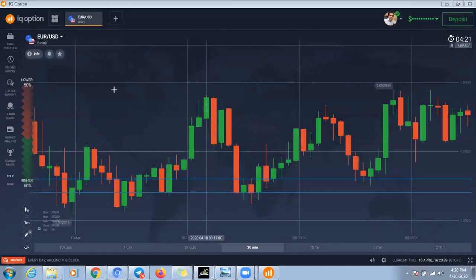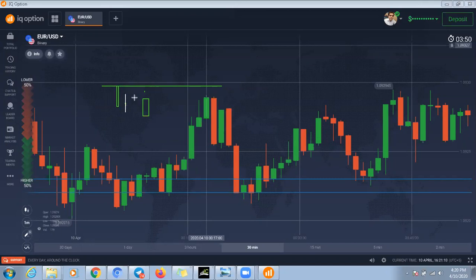Look, if there is a level, here a wick is touching. Here the wick is touching, and here the wick is not touching.